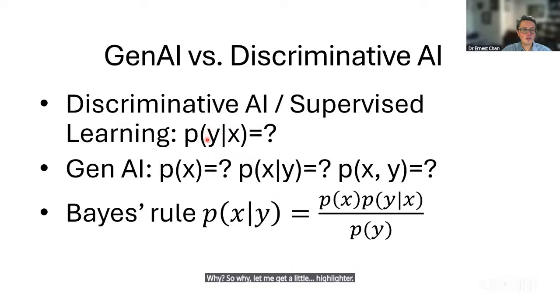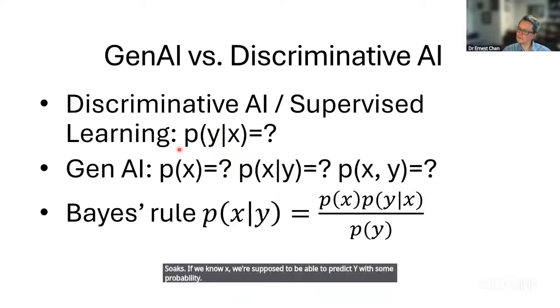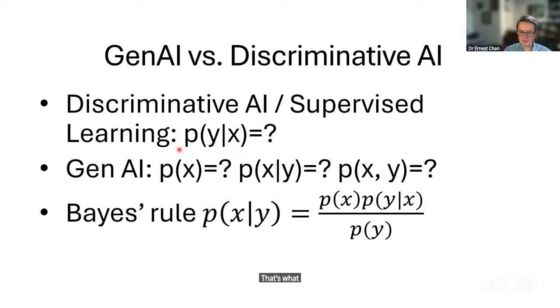Y is what we call the target variable or the label, and X are oftentimes called the features or the predictors or the covariates. So if we know X, we're supposed to be able to predict Y with some probability. That's what all of us have been taught machine learning traditionally is.